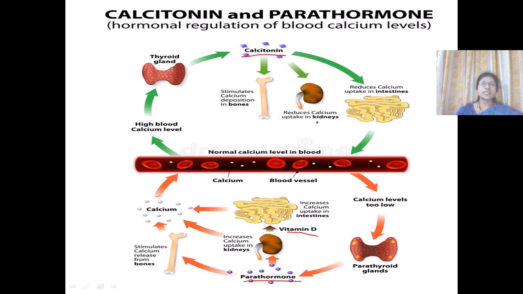It reduces the absorption of calcium ions from the urine, and thus more calcium ions are eliminated out of the body through urine. In the same way, it reduces the calcium ion uptake in the intestine. So whenever there is high concentration, calcitonin is released and acts as a hypocalcemic factor, whereas parathormone acts as a hypercalcemic factor.